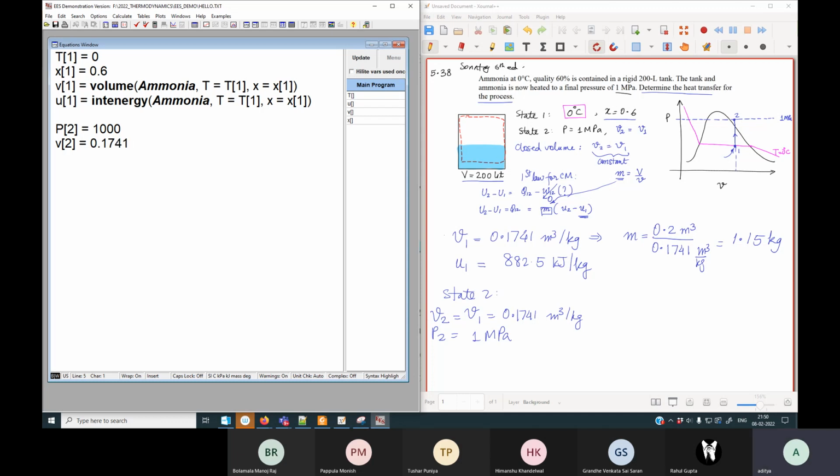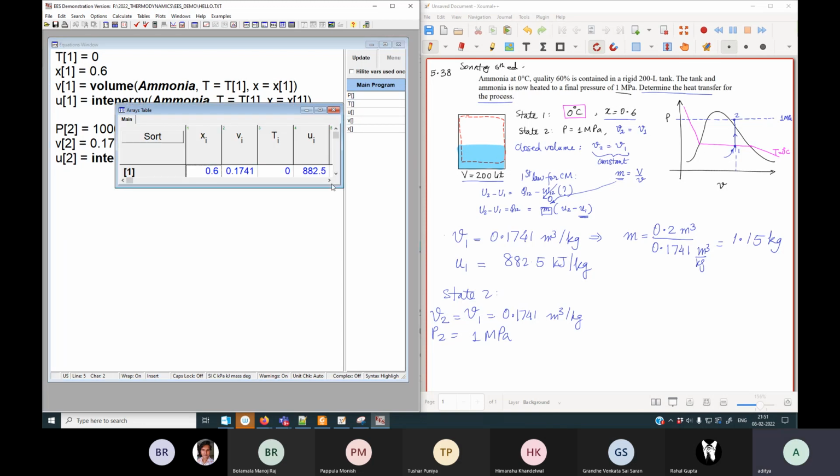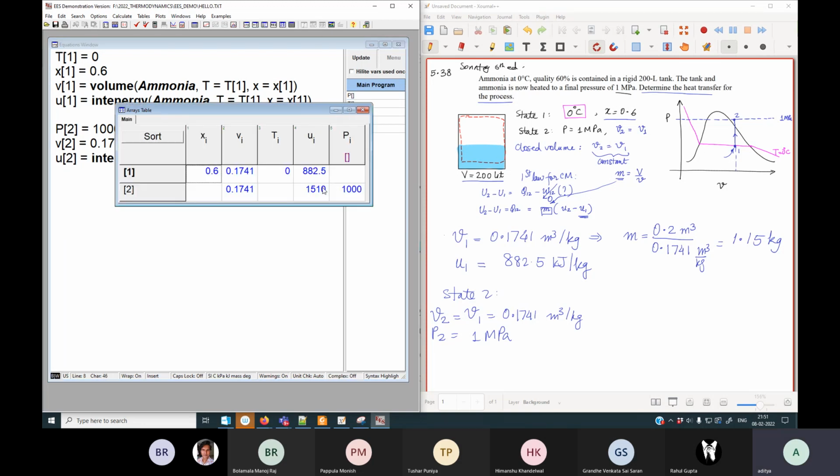With the help of this, obviously, we need to fetch the internal energy at state 2. Let me run this, and I should have the value of the internal energy at point 2, which is 1510 kilojoule per kg. So U2 is equal to 1510 kilojoule per kg.